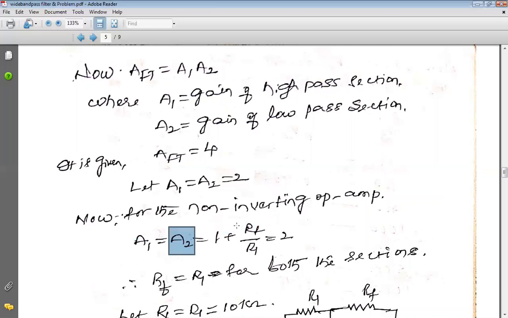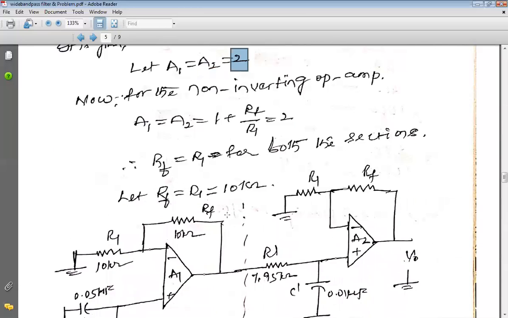I am going to calculate the values of RF and R1 in the high pass filter section, and RF dash and R1 dash in the low pass filter section, because the gains A1 and A2 are the same, A1 equal to A2 equal to 2. So A1 equals A2 equals 1 plus RF divided by R1, or 1 plus RF dash divided by R1 dash in the low pass filter section.